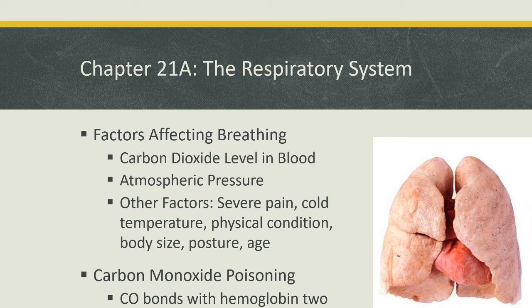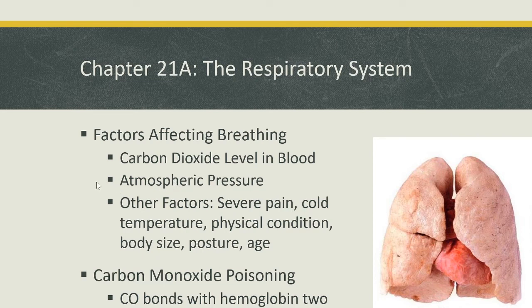And that is what creates the very, very strong urge to take a breath, because excess carbon dioxide in the blood can be very damaging. So it's a strong trigger to initiate breathing if your body feels like you have too much carbon dioxide building up in the blood.